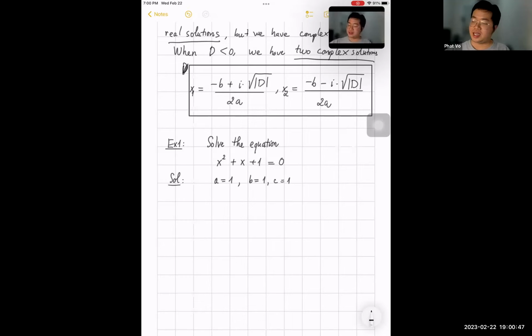Exactly. So now we need to calculate the discriminant D. D equals b squared minus 4ac. Could you tell me how much?